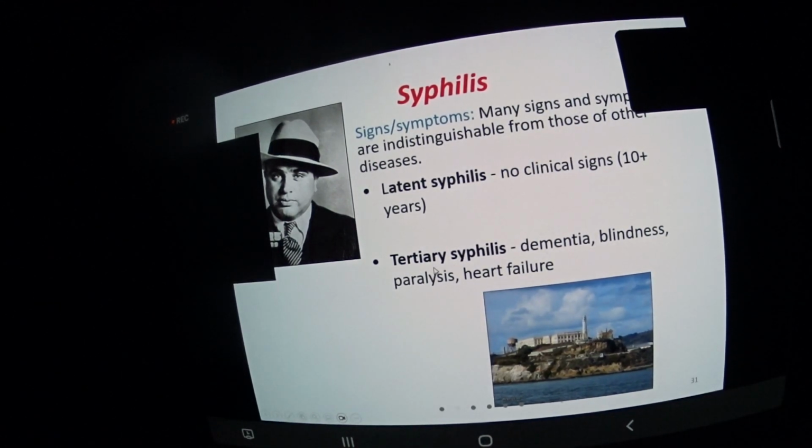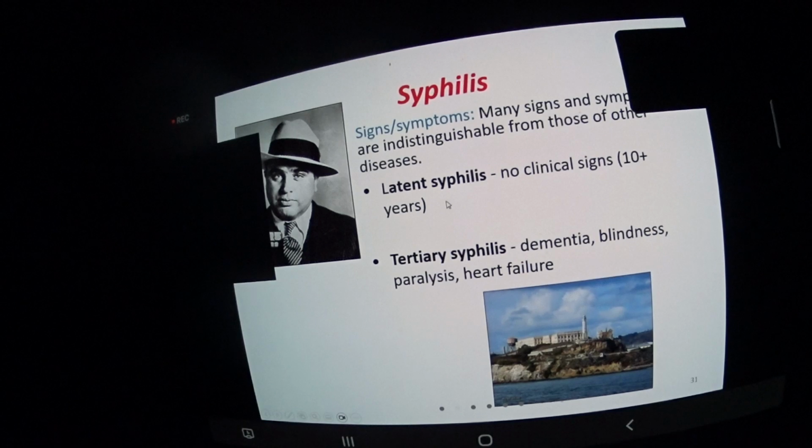And finally, it goes to tertiary syphilis. That's when it reactivates and gets into the blood. From the blood it affects the central nervous system, and therefore can cause blindness, dementia, paralysis, heart failure, and so on and so forth.